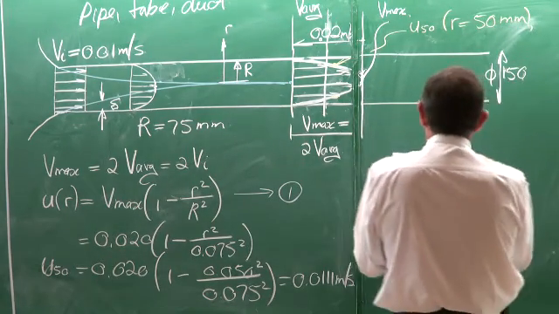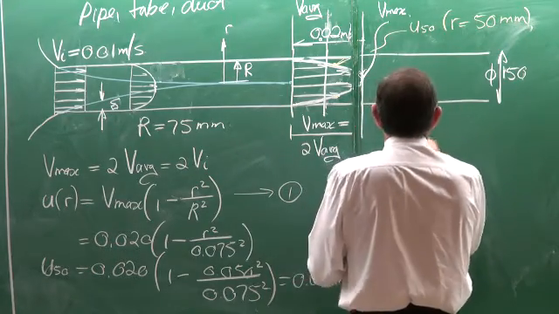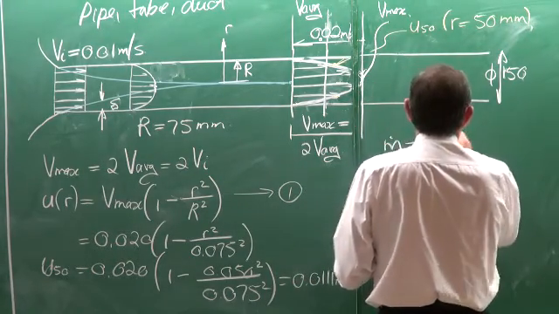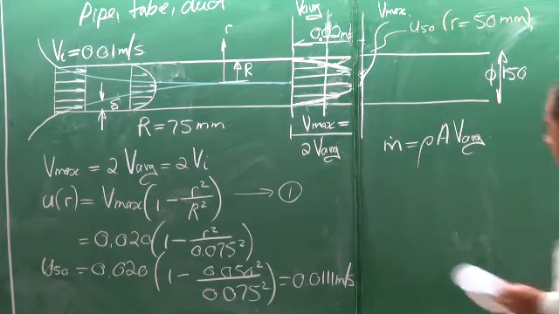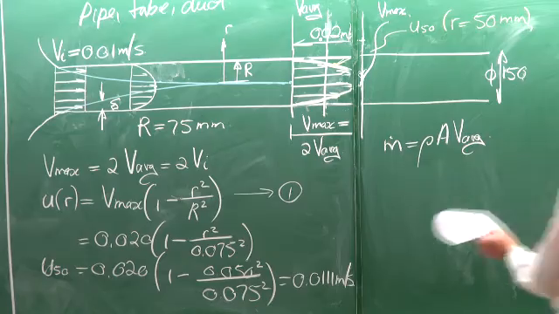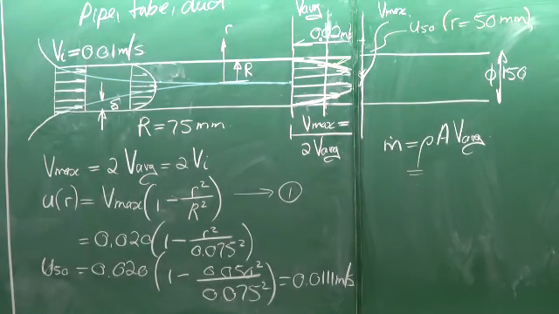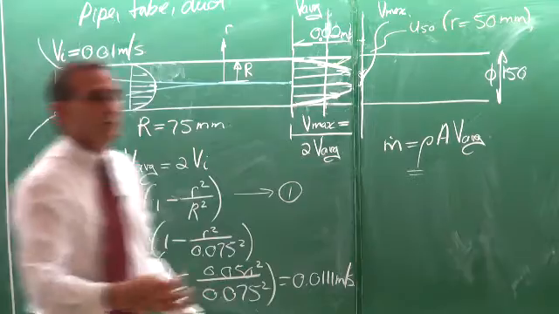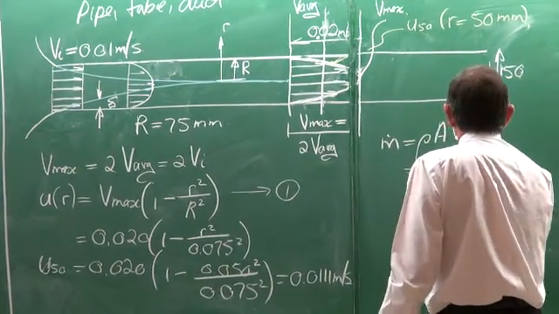And that is, let's just calculate the mass flow rate. So the mass flow rate through the tube is equal to rho multiplied by the cross-sectional area multiplied by the average velocity, from fluid mechanics. Right, the density, let's choose water. I've chosen water for this problem.